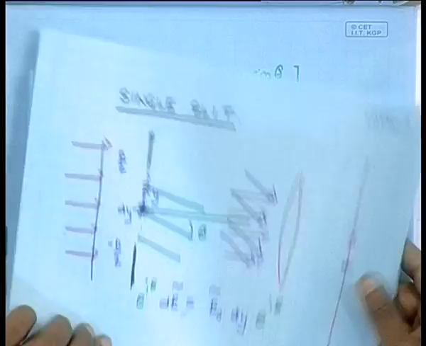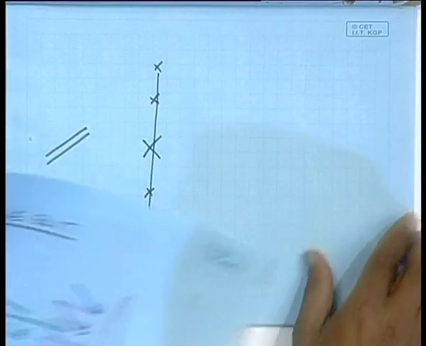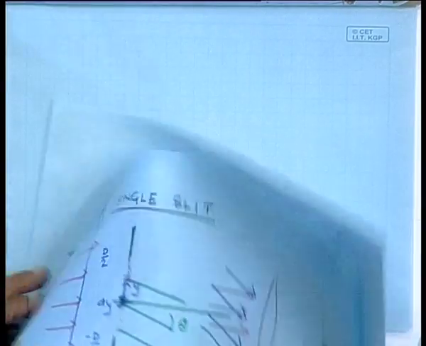In reality, you do not have a one dimensional slit. The slit will always have two dimensions. So, what happens when I have a real slit which has two dimensions? Let me consider a slit which is aligned with the xy plane.